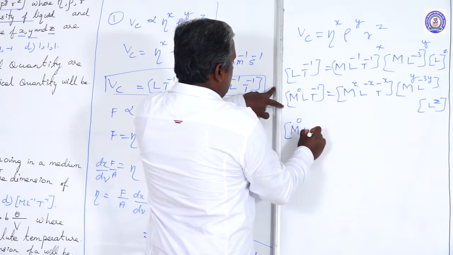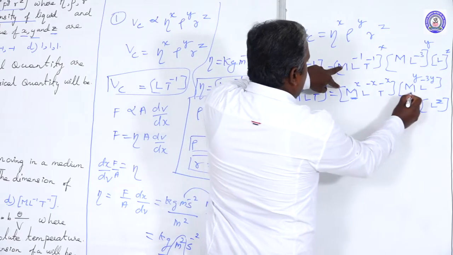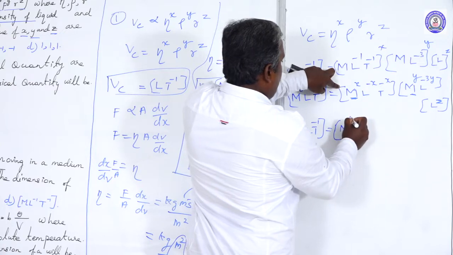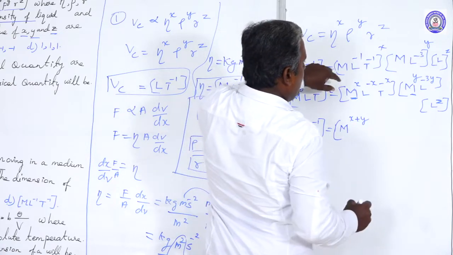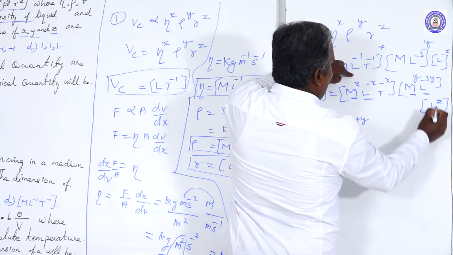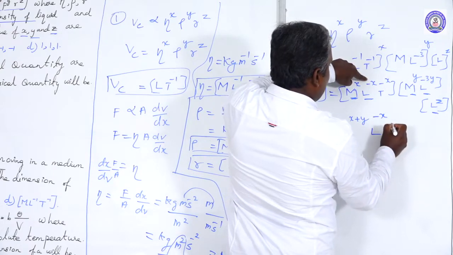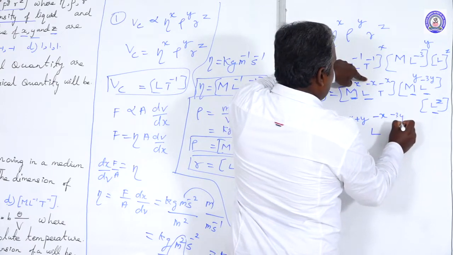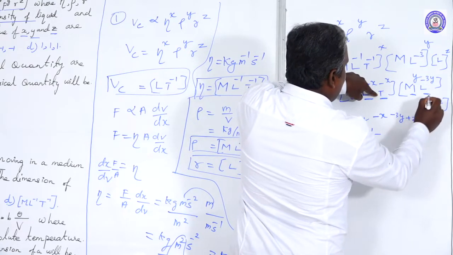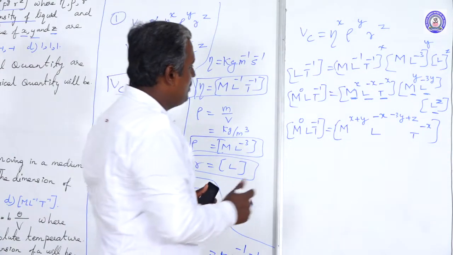Okay, now M power 0 L T power minus 1. M and M, so M power x plus y. L here on L, so L power minus x minus 3y plus z, T, that's all, minus x. Okay, only one T. Now listen properly, this is very, very important.